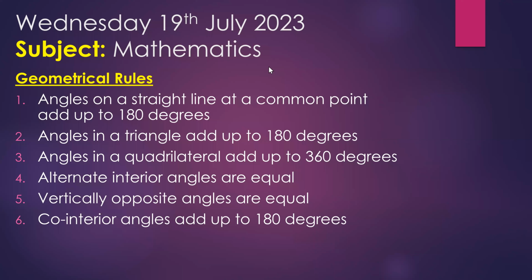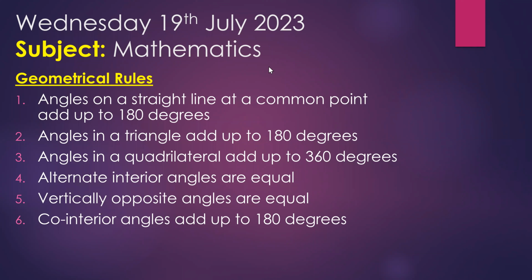Chai, can you read these 6 rules for me, please? Okay then. Angles on a straight line at a common point add up to 180 degrees. Angles in a triangle add up to 180 degrees. Angles in a quadrilateral add up to 360 degrees.